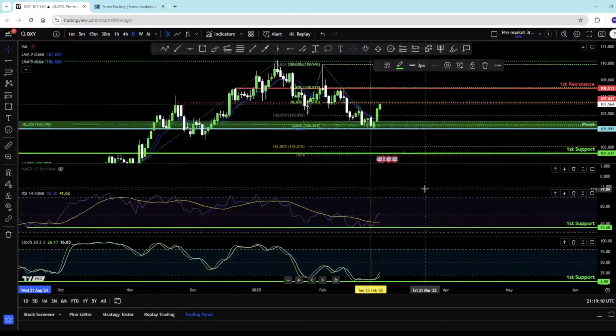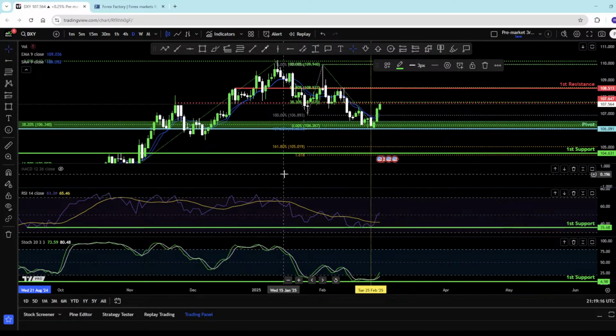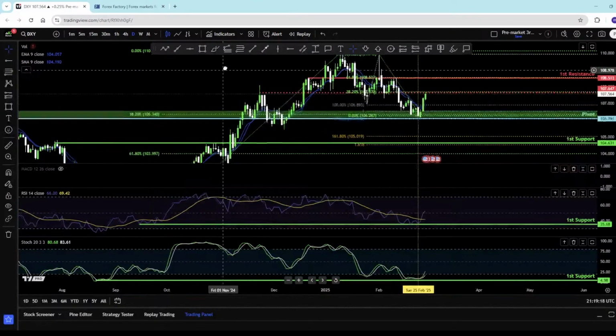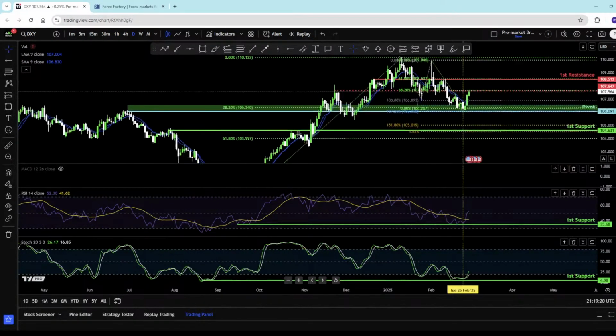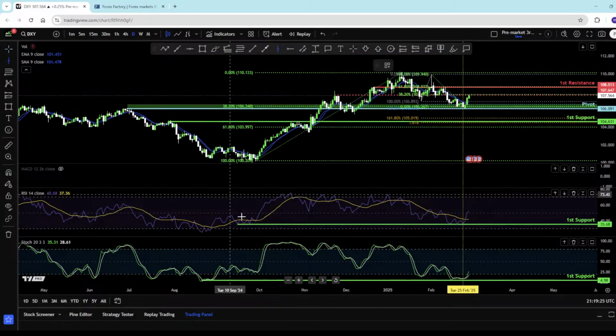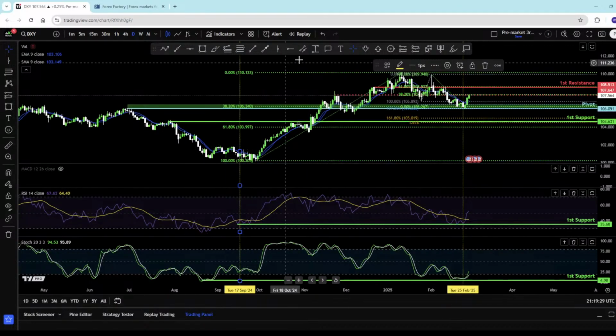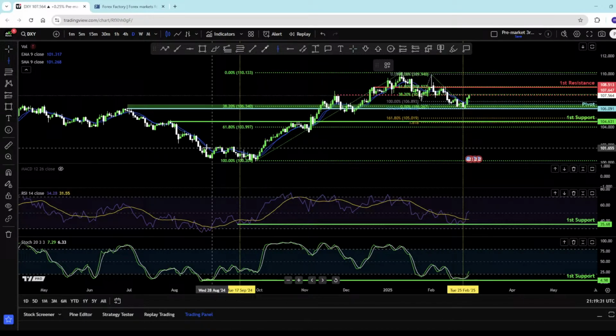Okay, so this method is called a hidden support. Basically what that means is previously, when price hit this level here, we saw price bounce off as well and move upwards.